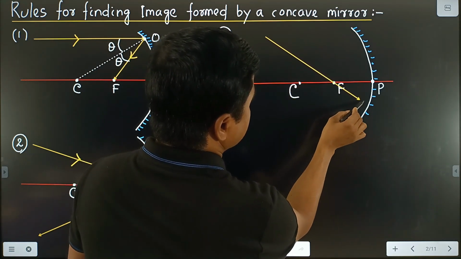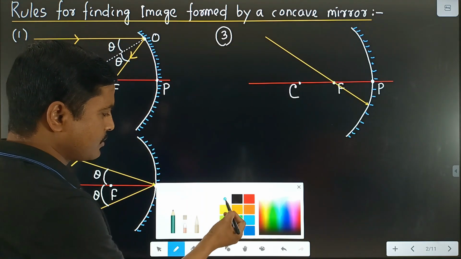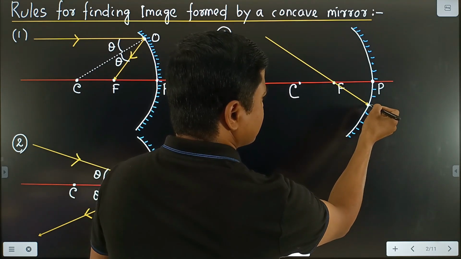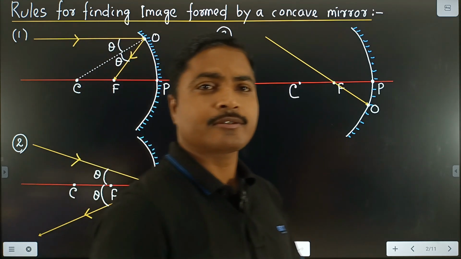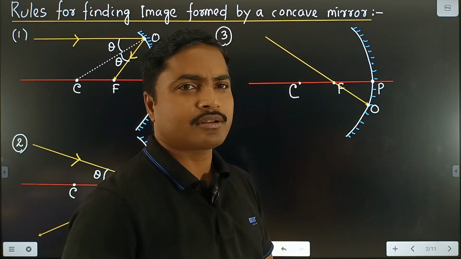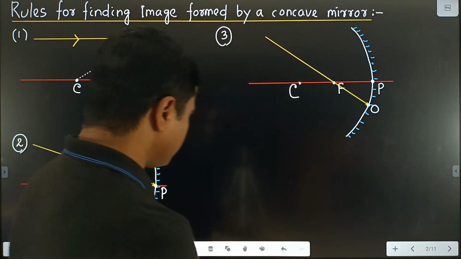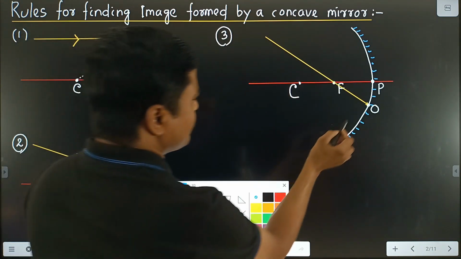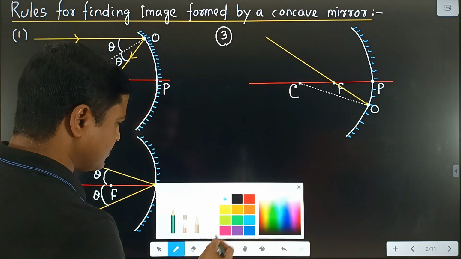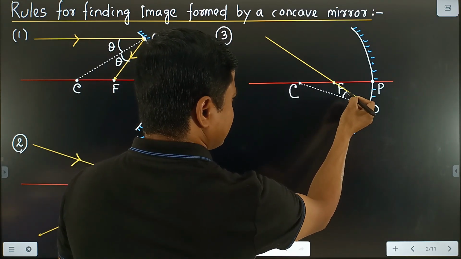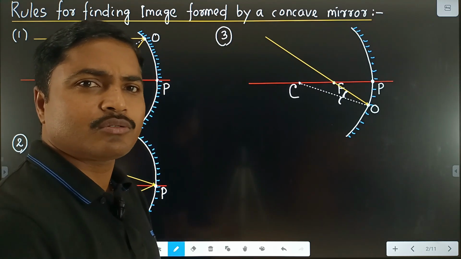If incident ray passes through the focus, then what happens? Here the ray strikes the reflecting surface at point O. That means O is the point of incidence. Then at point O on this reflecting surface, first we draw the normal, and you know the normal to the reflecting surface always passes through the center of curvature. So we write this is the angle of incidence, and with equal angle the ray is returned back into the same medium.